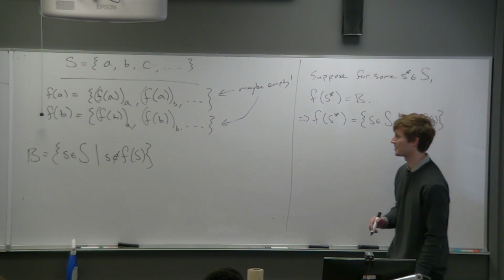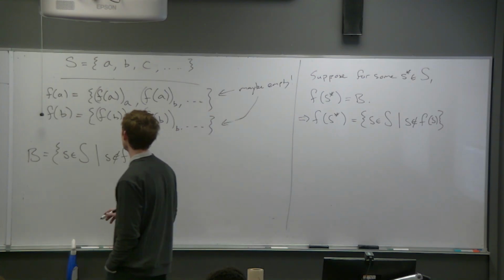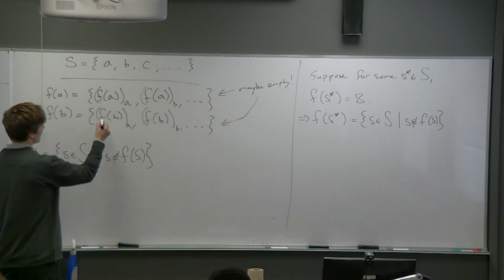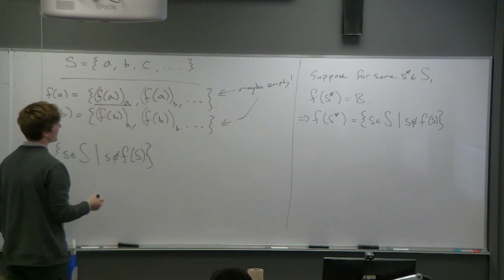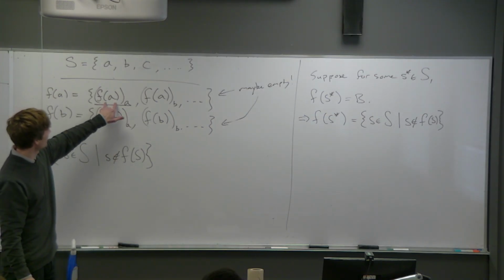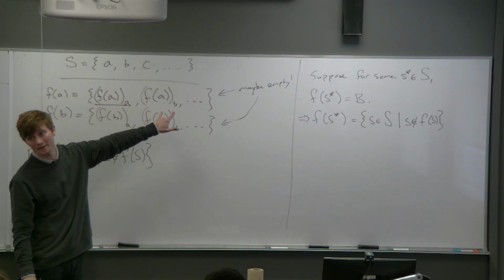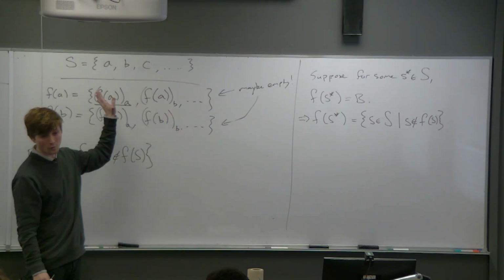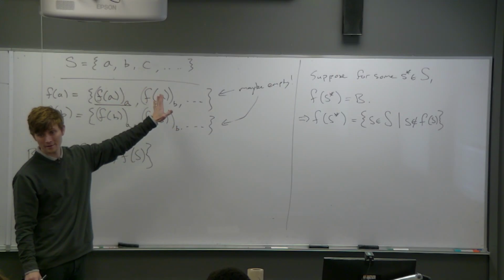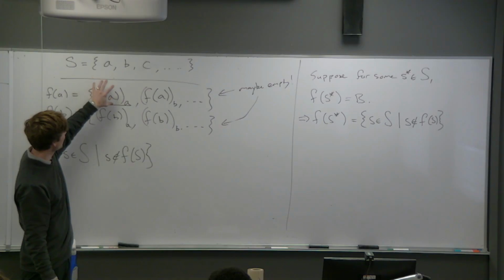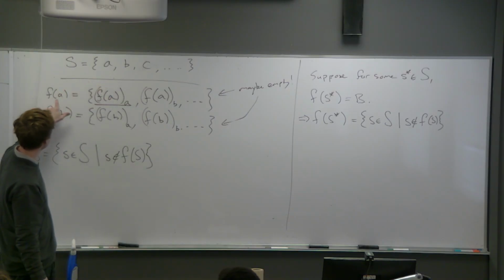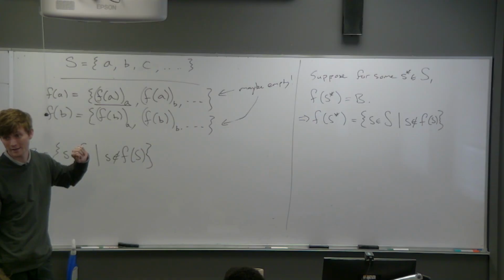Let's look back over at the picture. So, think about this. Some of these ones might be equal to A, yeah? If one of them is equal to A, then this set here is a set such that A is in f of A, yeah?